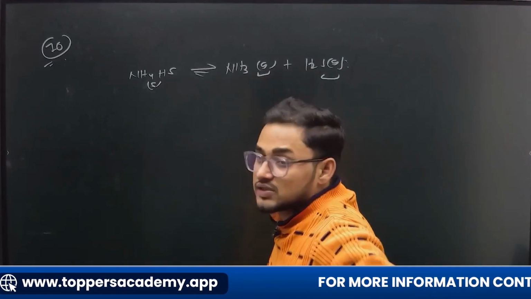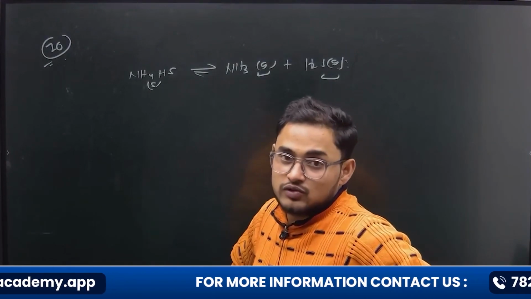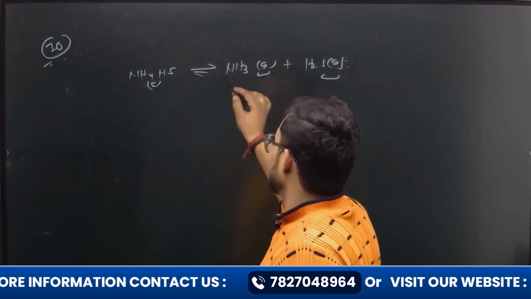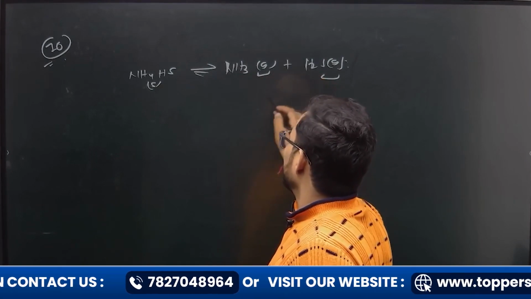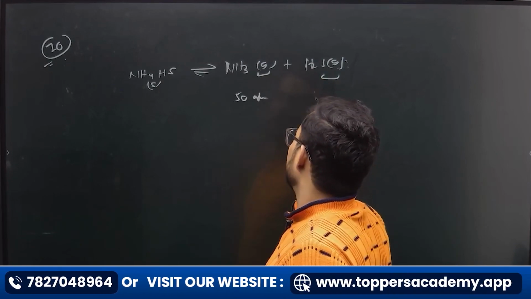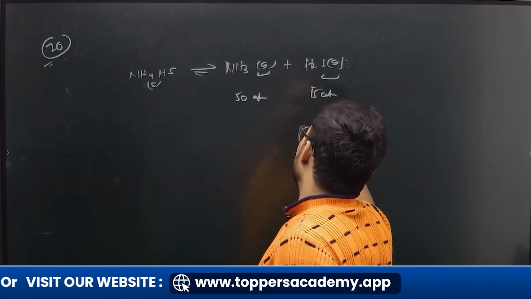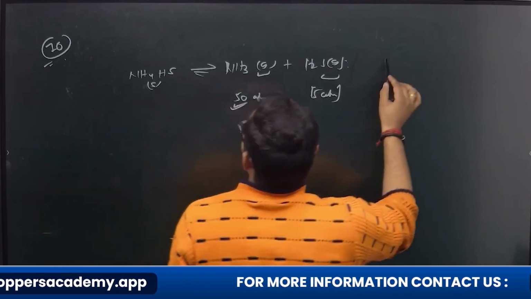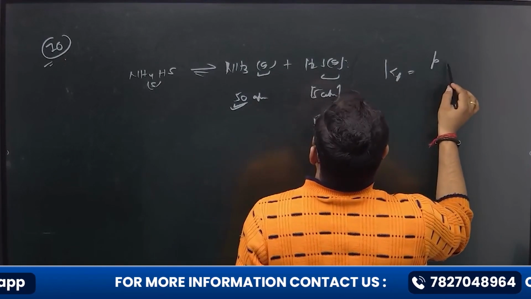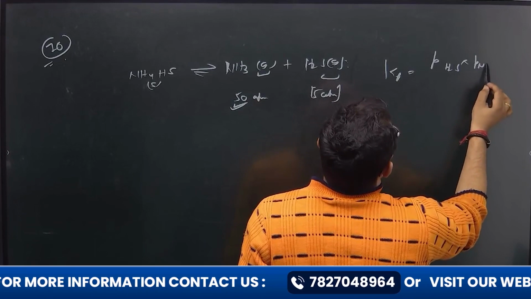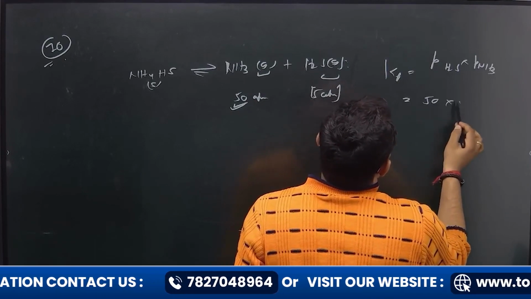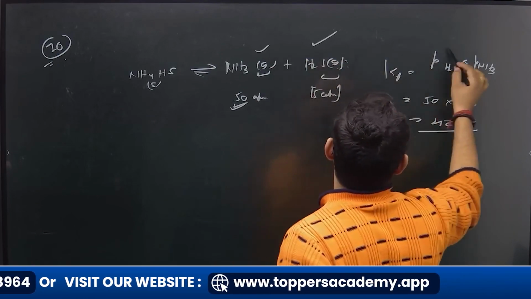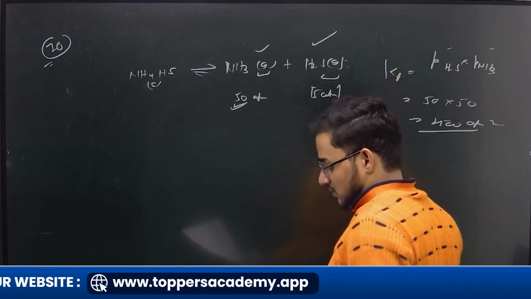Solid NH4HS is not going to generate any pressure. 100 atm is the total pressure, and each has stoichiometric coefficient 1, so 50 atm pressure from each. So 50 atm is the pressure of H2S at equilibrium, and 50 atm is the pressure of NH3 at equilibrium. The formula of Kp is the pressure of H2S into the pressure of NH3. 50 into 50 is 2500, and the unit will be atm squared.